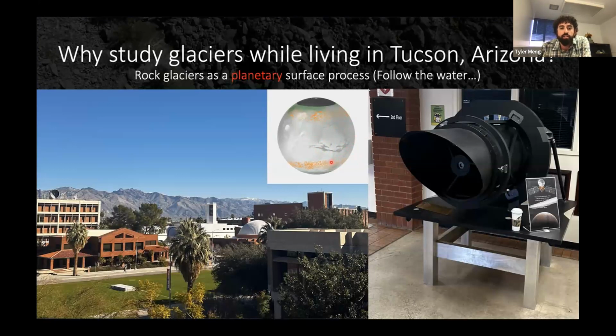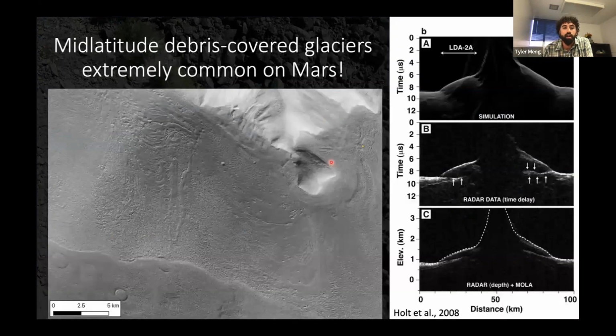The orange is mapped debris-covered glaciers in the mid-latitudes of Mars. And the green is essentially a consistency value from the subsurface water ice mapping project, or the SWIM project, of Mars. So up to this point, all throughout the mid-latitudes of Mars, there's a huge amount of debris-covered glaciers that have been mapped, but there's a lot of details that have not been understood thus far.